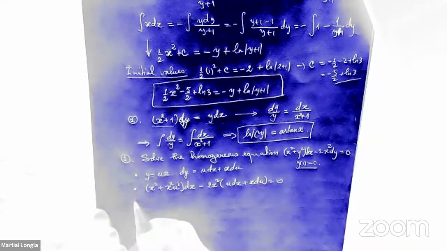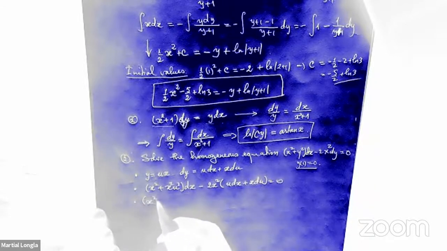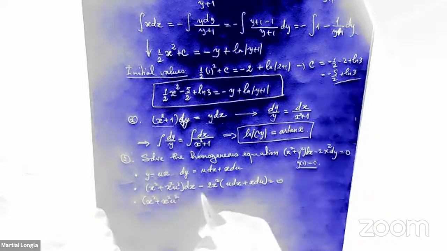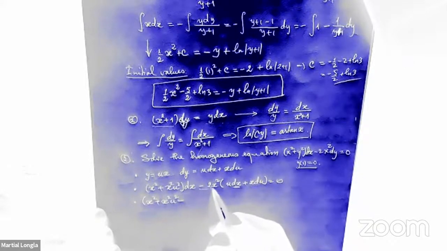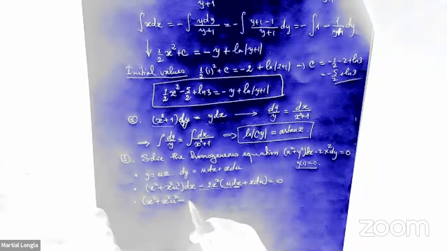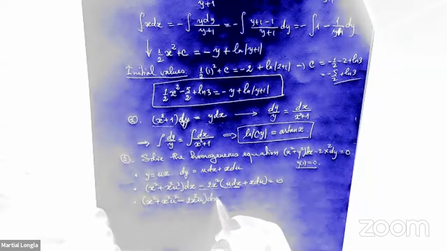The next step is to regroup the things with dx. So that's (x squared plus x squared u squared minus 2x squared u) dx minus 2x cubed du equals 0.